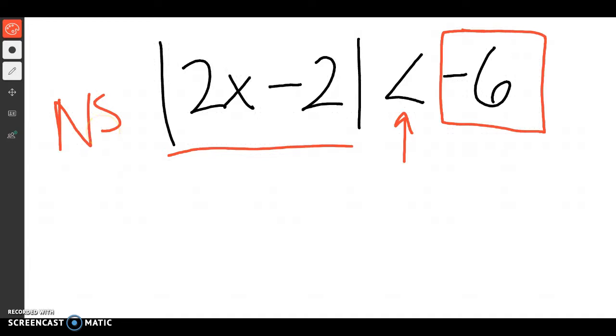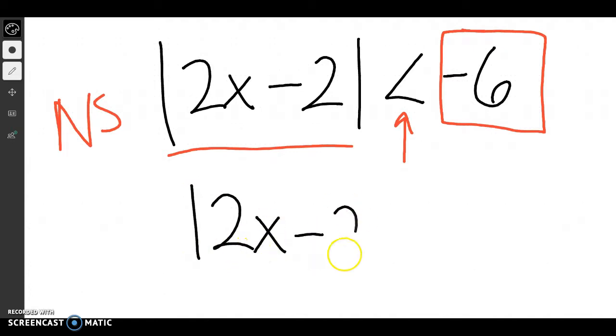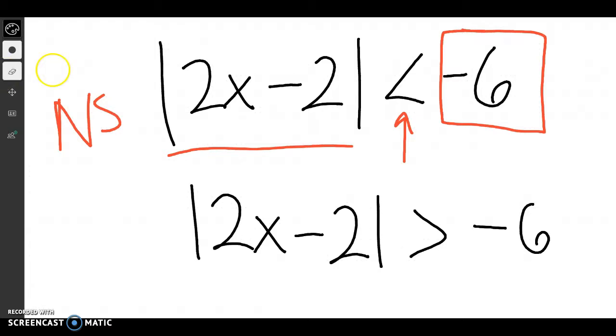If I had written this, we would have a solution, because there are numbers, an absolute value that could be bigger than negative 6. Like 8 would be bigger than negative 6, and that would work. So it's very important that I have this sign. But I'd like to think about what would happen if we tried to solve this.